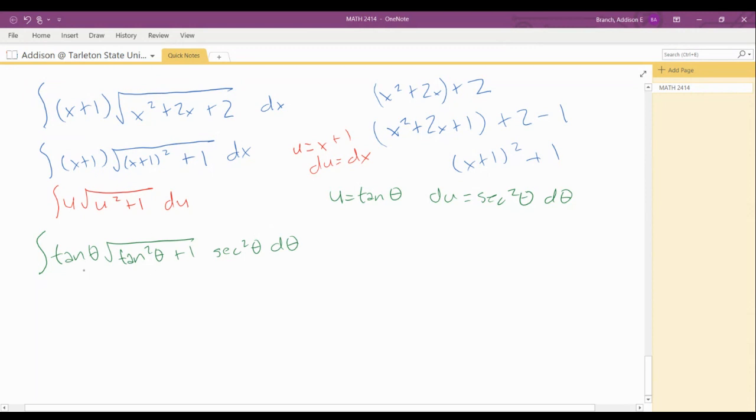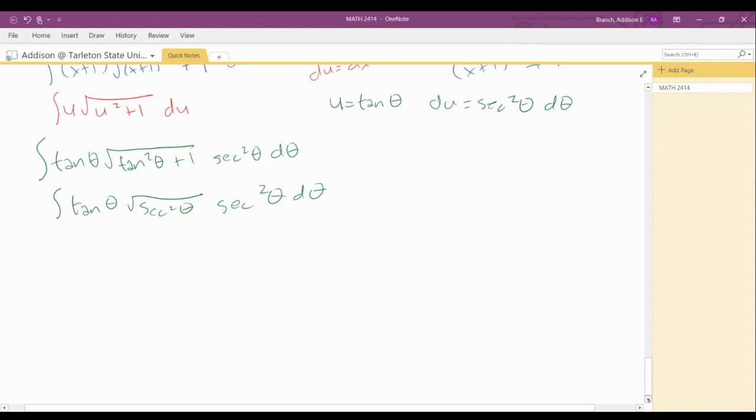We have tangent squared of theta plus 1, which is going to go down to secant squared. So then we have tangent of theta. We have a secant times a secant squared, so secant cubed of theta d theta.